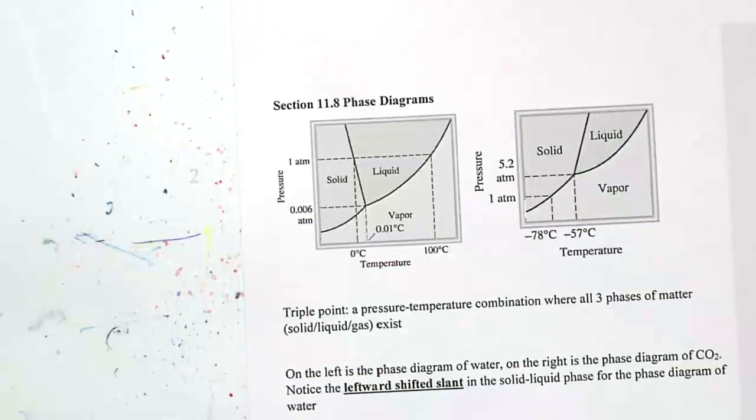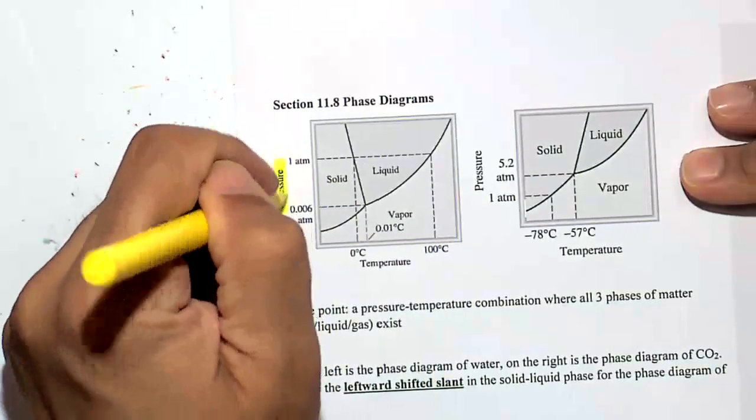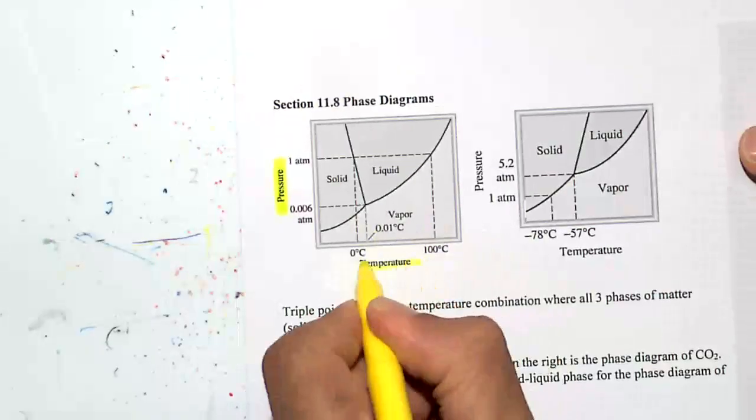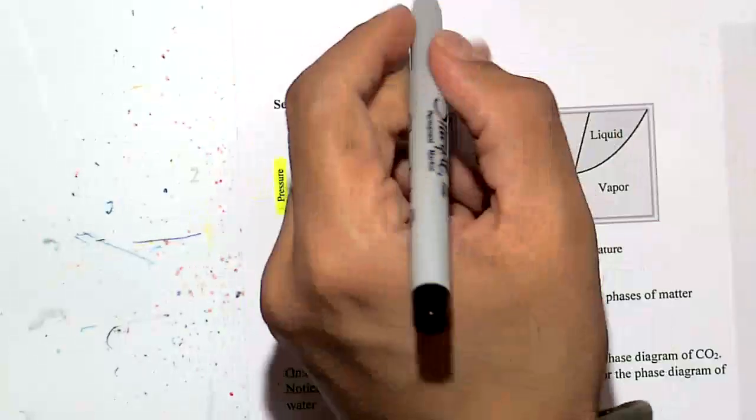First of all, it's a graph. On the y-axis is the pressure. Okay. And on the x-axis is the temperature. Okay, so these are different pressure, temperature combinations.